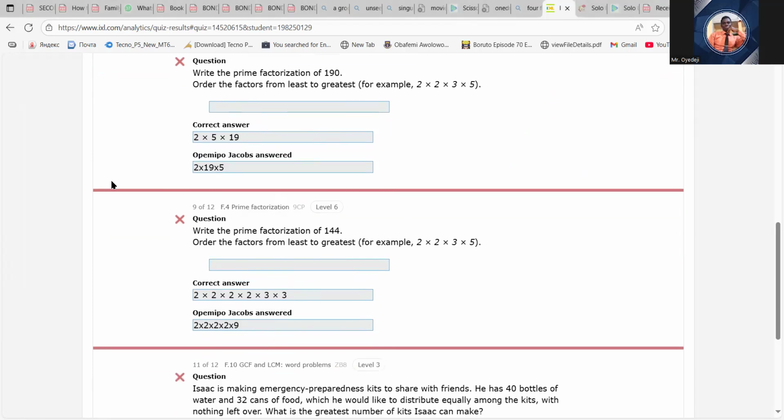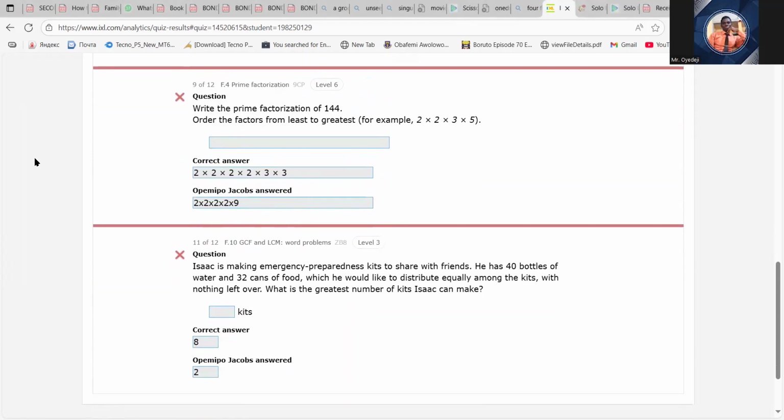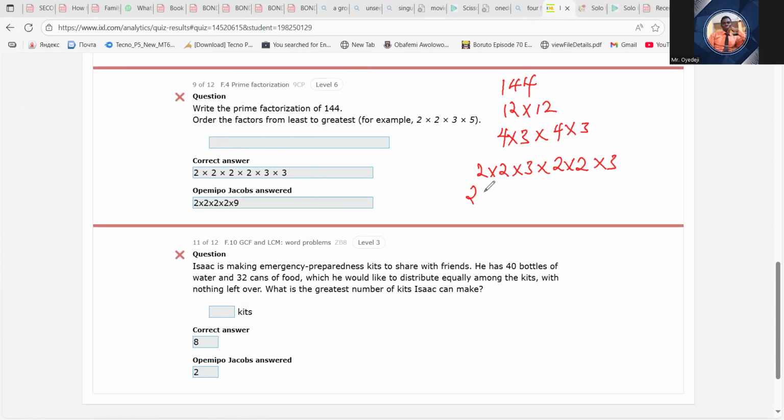Then the next one is almost the same thing, but let's explore it together. We have 144. That's 12 times 12. Then that's 4 times 3 times 4 times 3. Then we can have 2 times 2 times 3 times 2 times 2 times 3. Then we arrange everything properly: 2 times 2 times 2 times 2, all the 2's together, times 3 times 3.